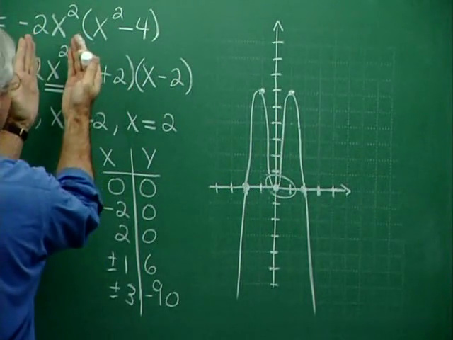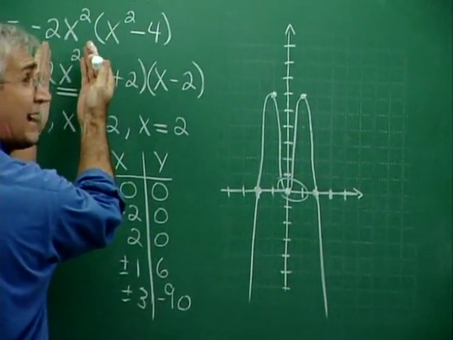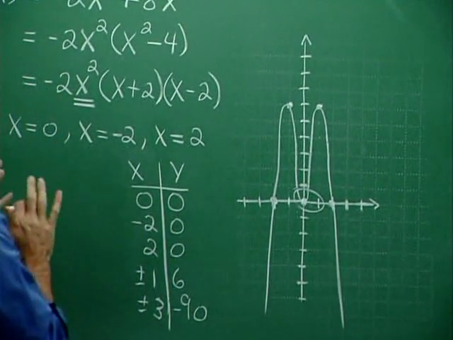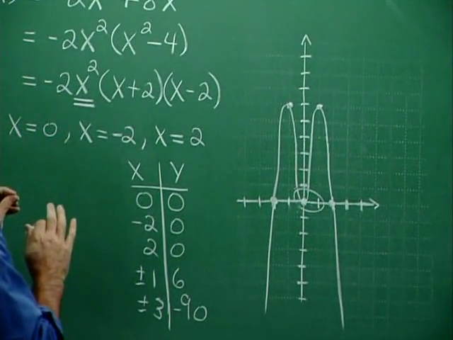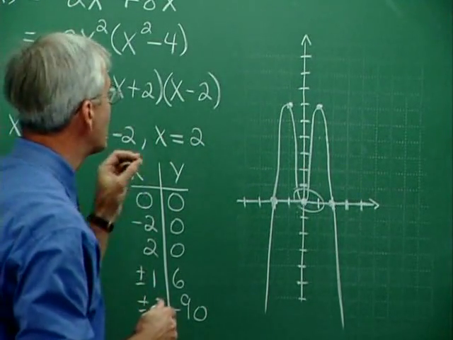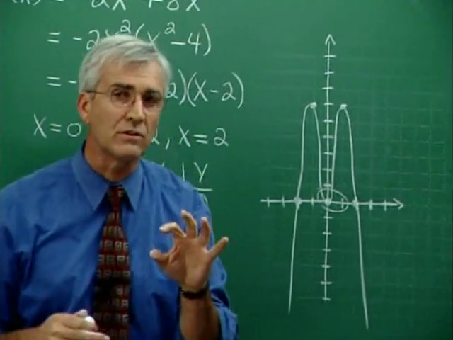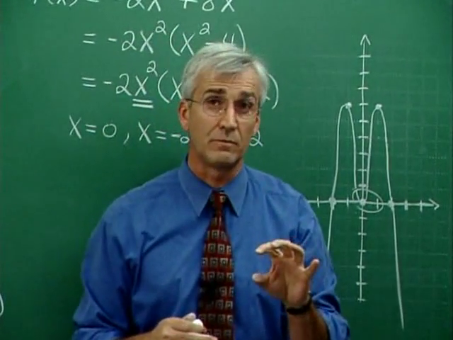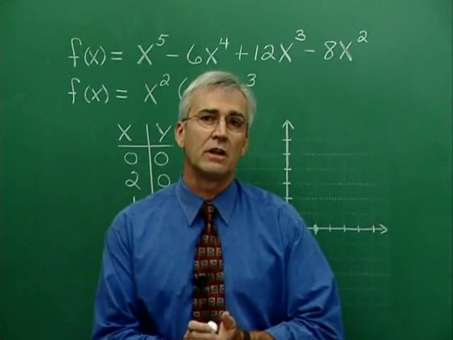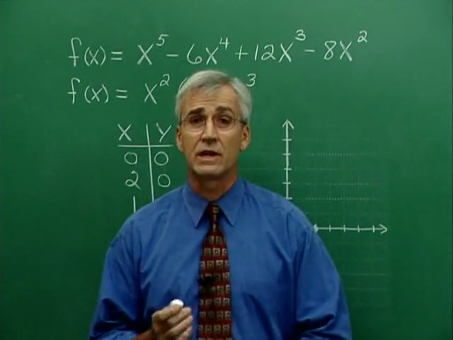You see, it's kind of parabolic in that neighborhood. So when we have multiple factors of the same kind, it sometimes creates this kind of bounce behavior. Let's take a look at another function that has multiple factors of the same kind.